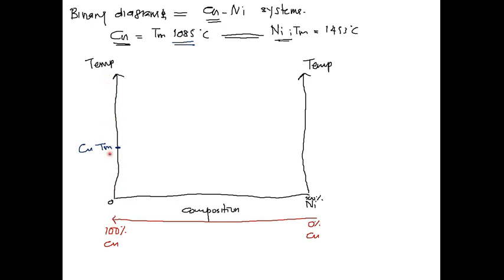The pure copper will be here. While at the other end, the y-axis on your right, will have the melting point of nickel. You see? So here will be the melting point of nickel. Why? Because we have 100% of nickel at this point.